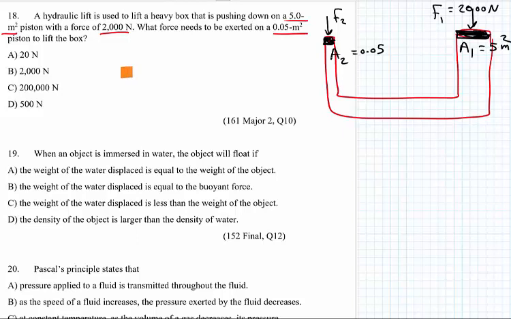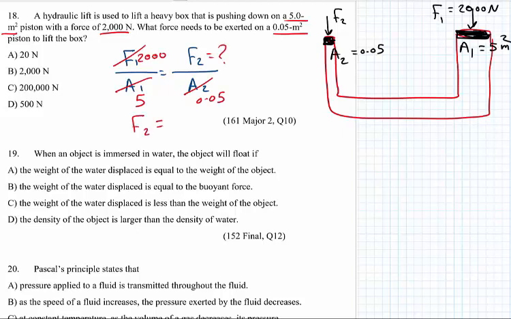So F1 divided by A1 equals F2 divided by A2. Let's substitute: F1 is 2000, A1 is 5, and A2 is 0.05. So what's F2? F2 is essentially 20 Newton. So I would choose this one.